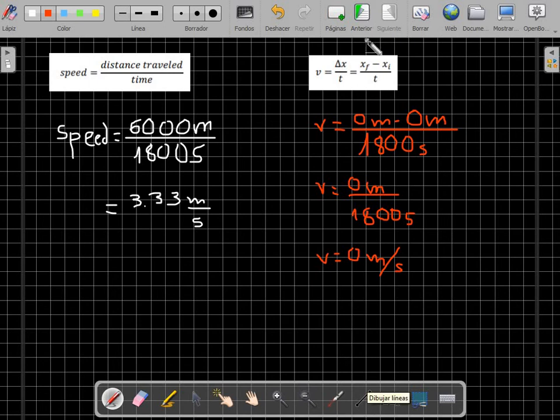Well, remember that velocity depends on the displacement, and displacement only wants to know how far you are from the starting point. That's it. But speed depends on the distance, which is another thing. The distance is all that you have traveled. So in this case, the velocity and the speed are going to be very different.